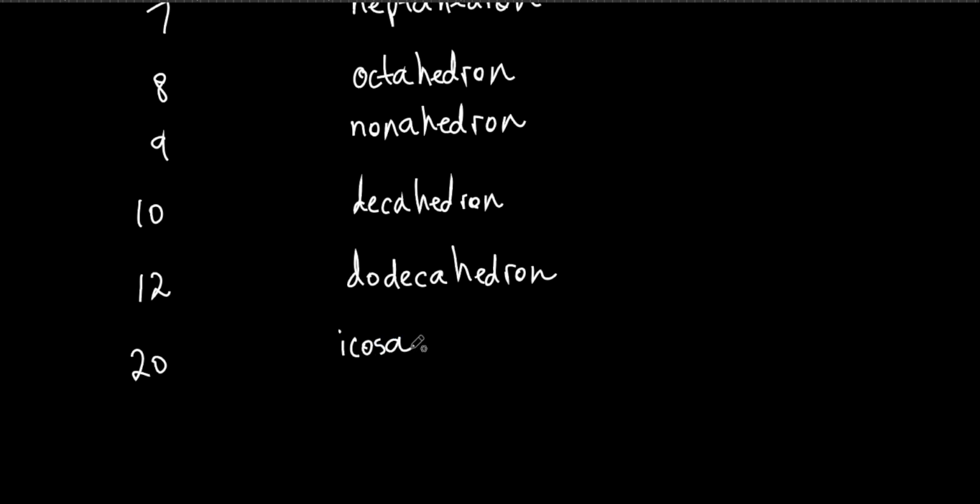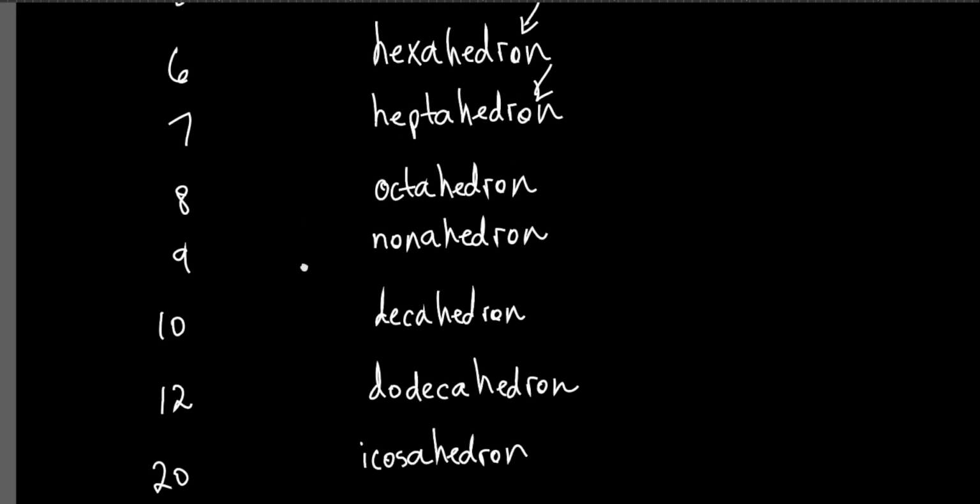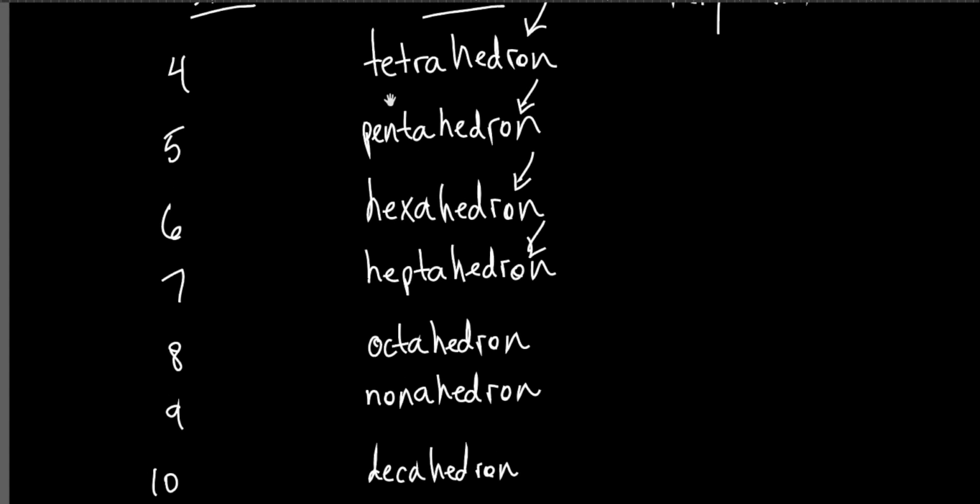I'm not sure how people pronounce it, but I'll say icosahedron. Just be able to write it at least. So those are all the ones. I didn't put 11 or anything in between. These are the ones they have in the book. So that's a list of sides with the names.